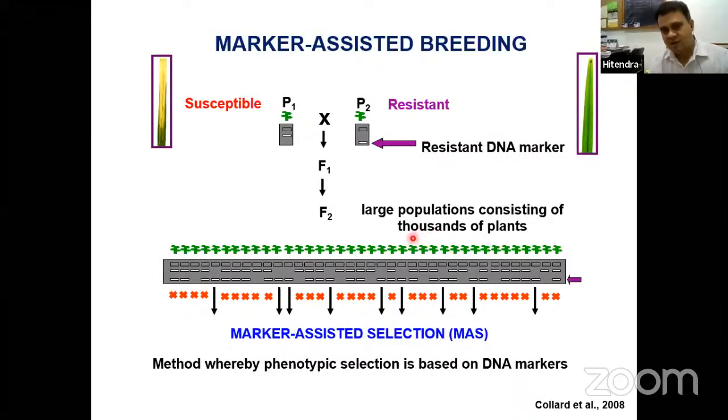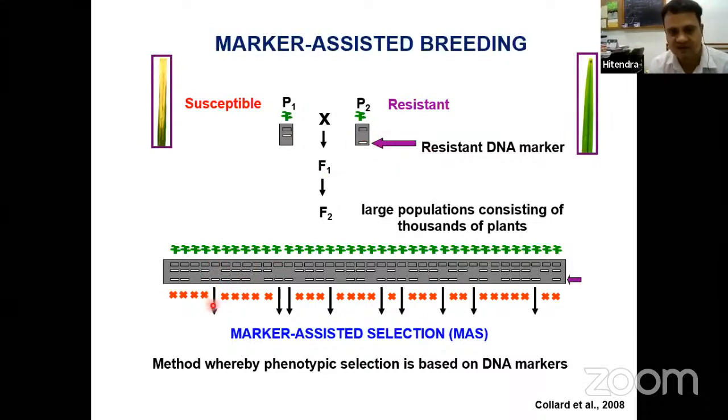In marker assisted selection, we don't do phenotypic selection. What we do is look for these two alleles. What we want from here is only this allele, because it is coming from the resistant plant, this lower size band. So we check for these alleles, and we select only those plants which have that resistant allele, that lower size allele.